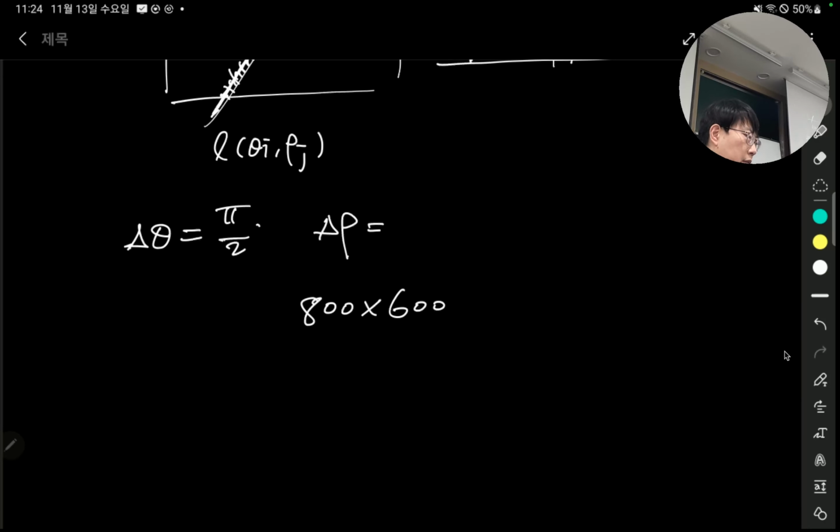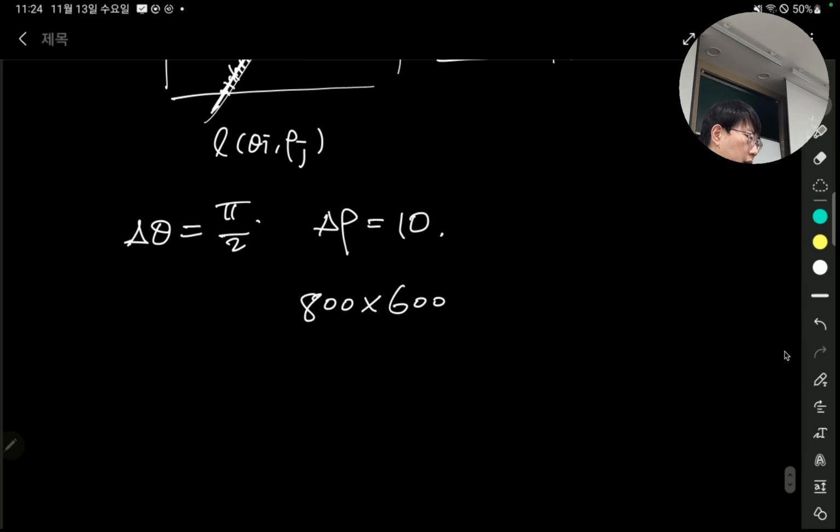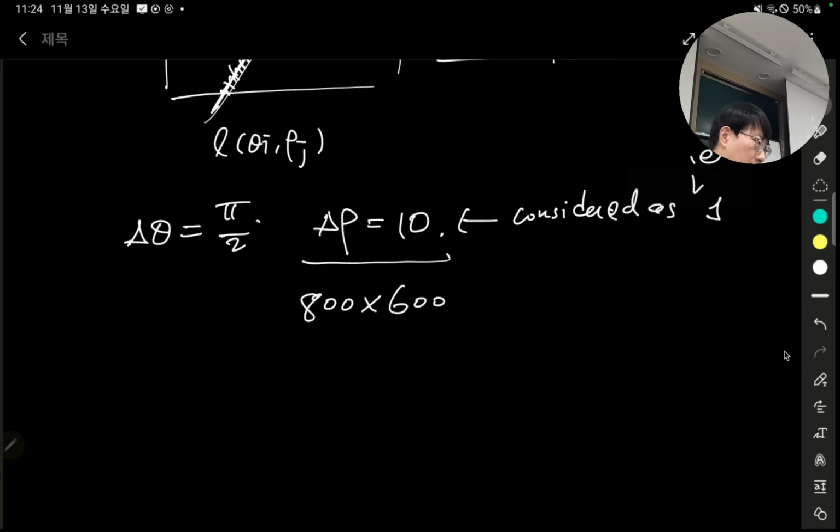I take rho to be 10, which means this is considered length 1. You can imagine that each pixel represents unit length 1, but I took 10 pixels as one unit of length, so I took delta rho to be 10.